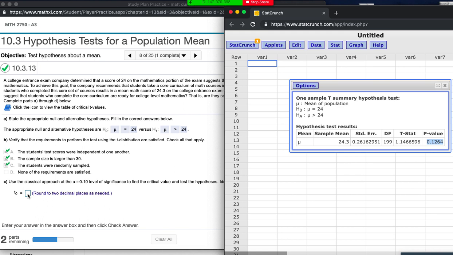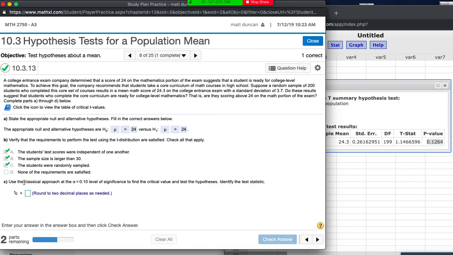Right. And this was something else I'm thinking about that came up in the discussion, is that there's two approaches to hypothesis testing. One is what's called the classical approach, and you can see that here in Part C. They're actually calling it that. But it's dealing with the test statistic and the critical value.